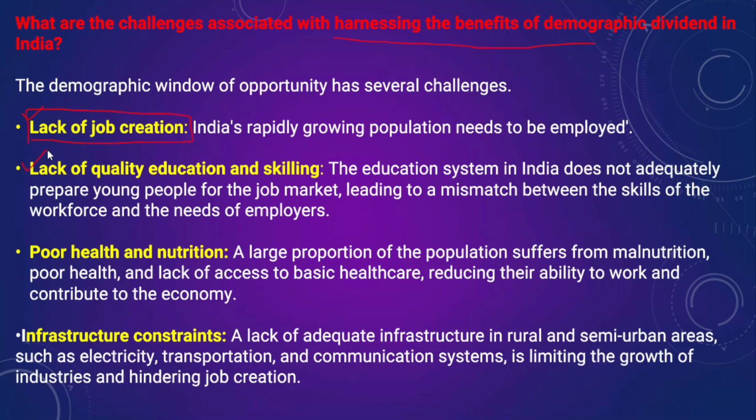Now after that, we need to talk about lack of quality education and skilling of the population. If you look at education, it lacks the focus on vocational education and skilling. Even if we focus on education, there's a mismatch between the industry requirements and what the educational institutions have been teaching. Such mismatches in skills make the students unemployable.